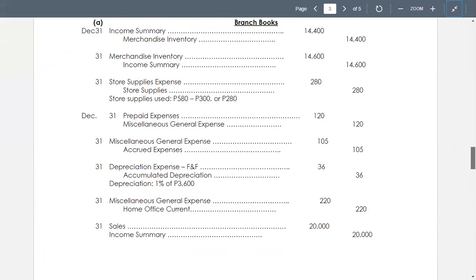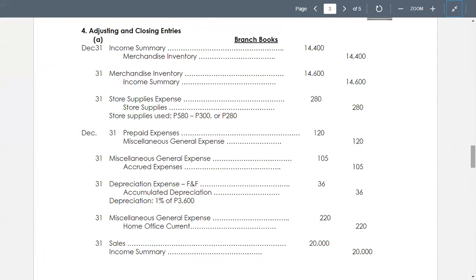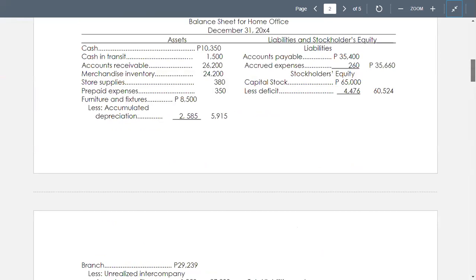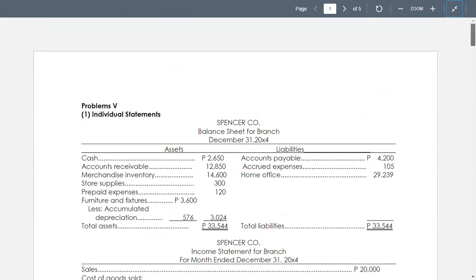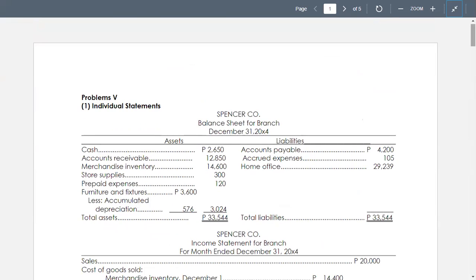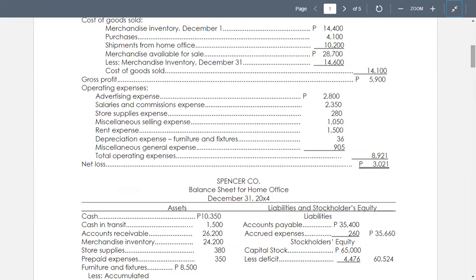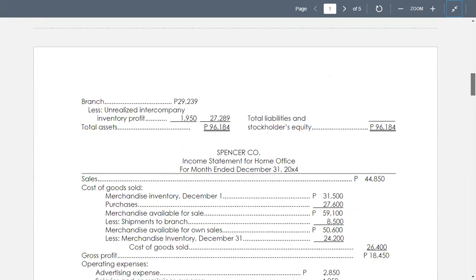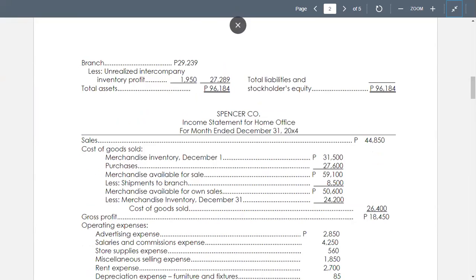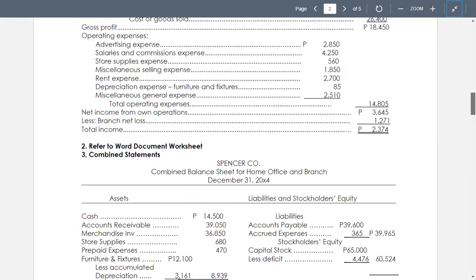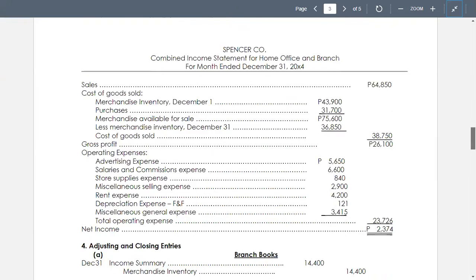Okay, for 350. Then for accrued expense, we debit miscellaneous general expense for 260 and we credit accrued expenses 260. We also record depreciation in the amount of 85, credit to accumulated depreciation.